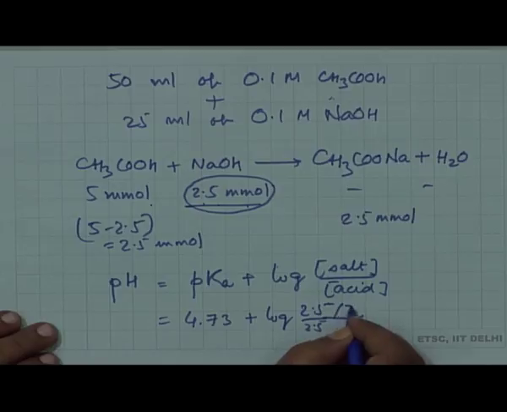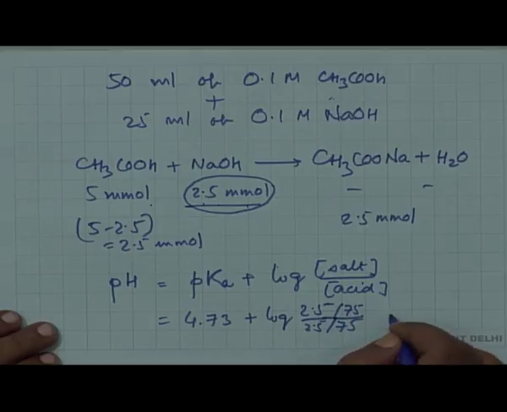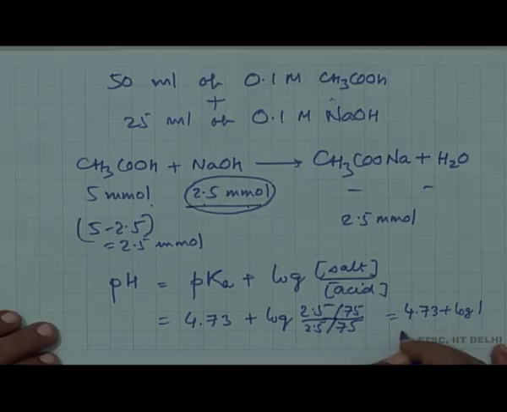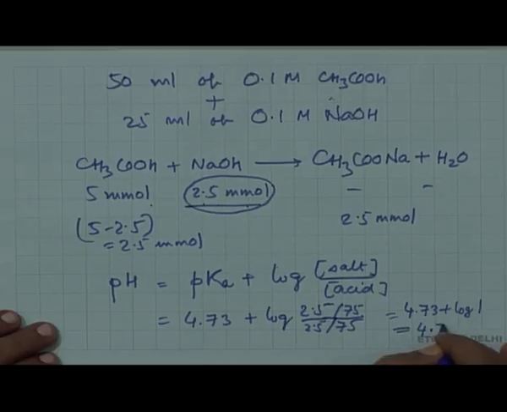You could divide by 75 to get concentration, but as I told you, volume does not matter here, because in the numerator and denominator both will be divided by volume and they cancel out. So what we get is 4.73 plus log 1, and log 1 is nothing but 0. So, 4.73.